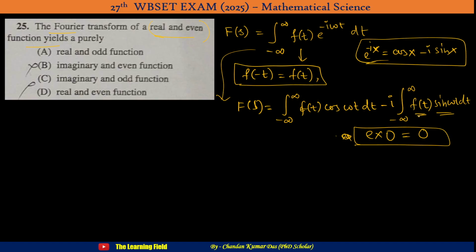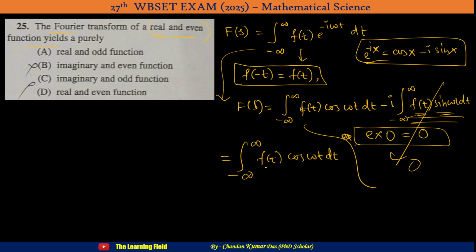Integration minus infinity to infinity of this integral is 0. So we only have integration minus infinity to infinity f(t) cos omega t dt. See, f is even, cos is also even function. We know that multiplication of even function and even function is an even function. Fine. So this is even clearly.